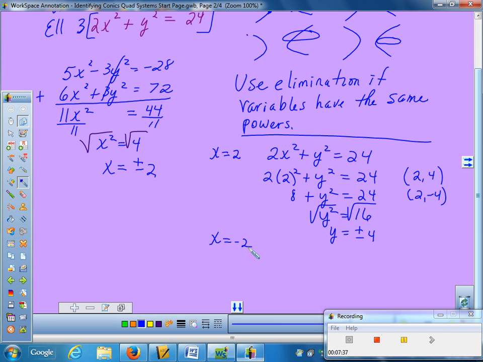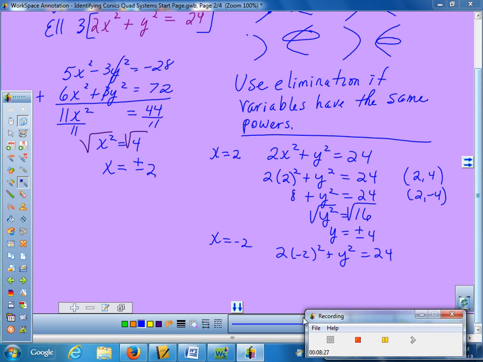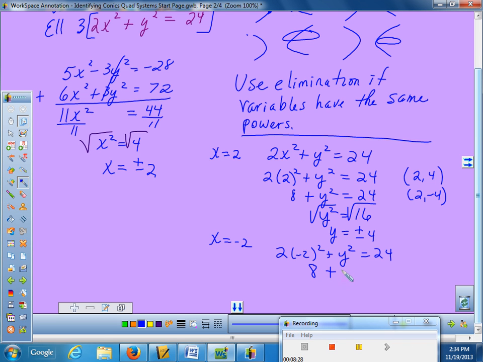So now if I go back and put negative 2 in that same equation, am I going to get the exact same thing? Yeah. If you're going to get the exact same thing, you don't have to work it twice. Negative 2 squared becomes positive 4, and 2 times that makes 8.